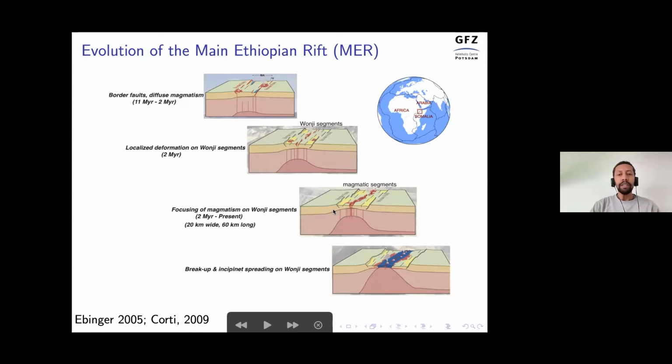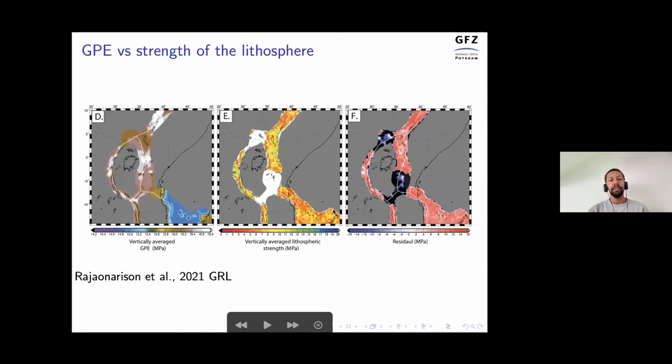So with that in mind, I will go to the mechanism of deformation, mechanism of earthquake in the main Ethiopian Rift. Here we use two kinds of assumptions. The first one is that a crustal layer characterized by increased strength results in more seismicity.